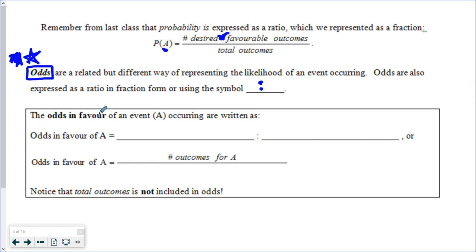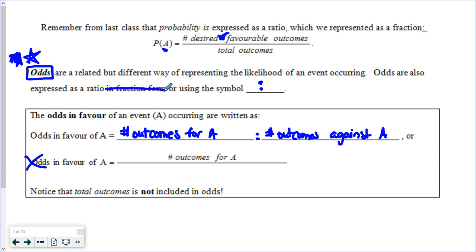So the odds in favor of an event, we're calling it event A, occurring are written as the number of outcomes for A, whatever event A is, and then you put a colon, and then the number of outcomes against A, or not A. Let's say fractions are for probabilities.